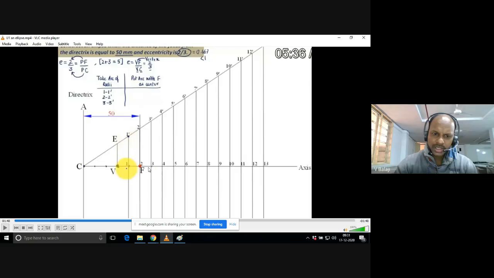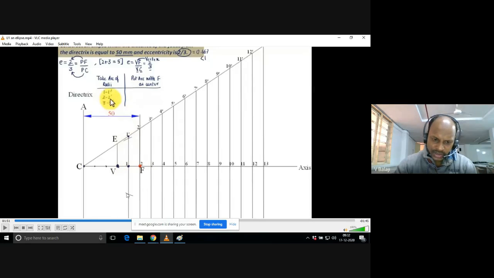Now take your compass and set the first radius 1 1 dash. With the focus as center, cut the first line. First line means the 1 1 dash line. So here with your compass, you cut this line with the 1 1 dash radius. Here is one arc, and below the axis you draw one more arc on the same line. You can observe like this.